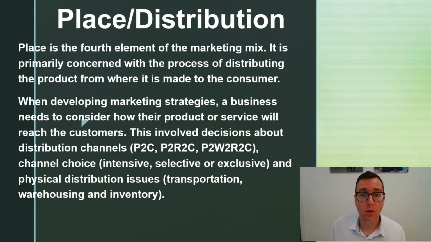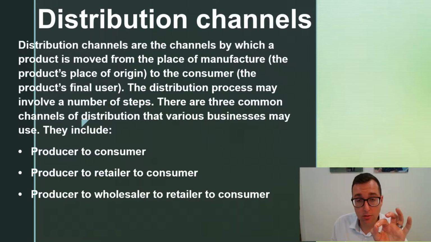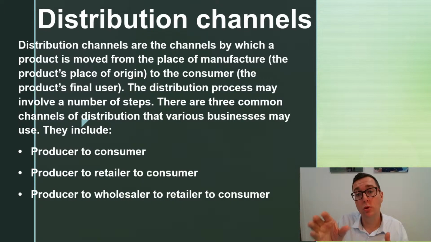Now, when we take a look at distribution channels, that's the first part of place or distribution. What's a distribution channel? Distribution channels are the channels, the ways by which a product is moved from the place of manufacture, so the product's place of origin, where it was made, through to the consumer, the product's final end user.